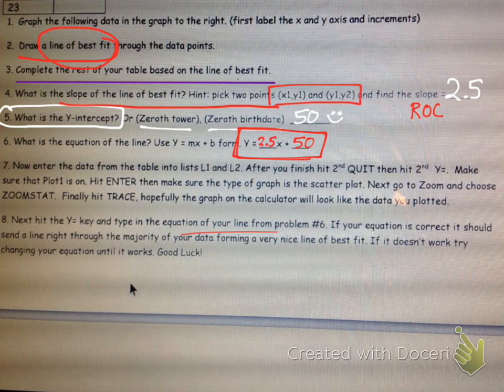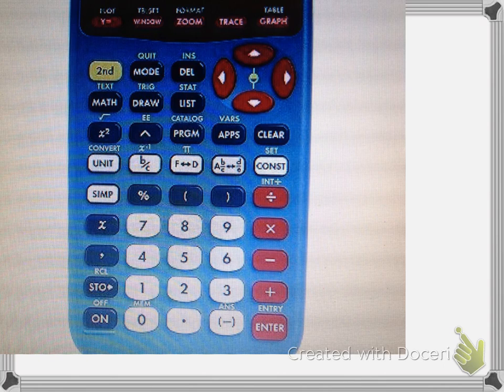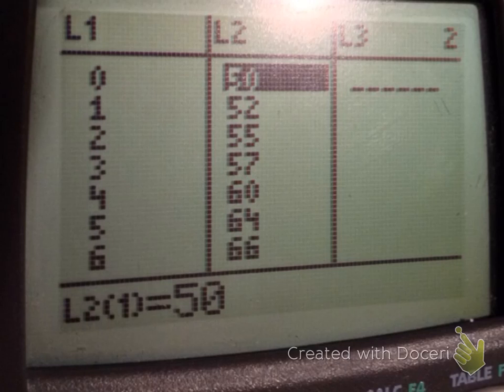All right. Okay, now we got to enter our data into our table, into L1 and L2. So to get to L1 and L2, you got to hit list on your calculator. Raise your hand if you run into trouble when you get this far, and I'll come help you. All right, you guys, you're going to push list right here, and that'll take you to this screen.